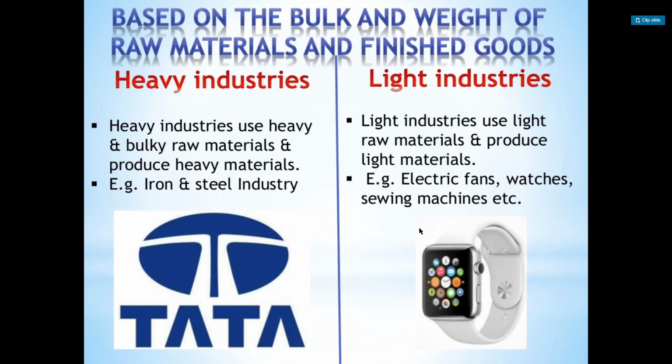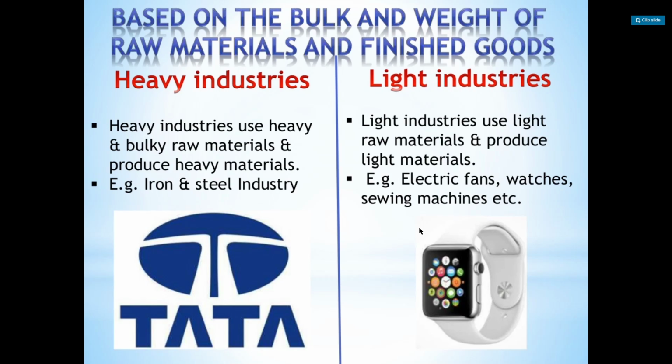This is not the light that we switch on. Light means halka here. So light industries use light raw materials and produce light materials. Light industries use light raw material, and when you use light raw material, obviously the product will also be light. So that is a light material. And when we use heavy raw material we will produce heavy materials. So this is the difference between heavy industries and light industries.